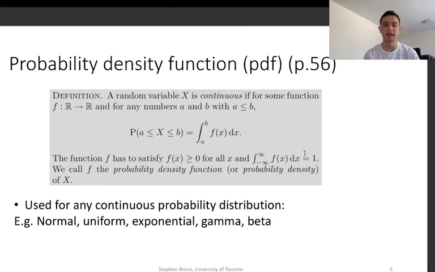The reason is that if you were to add up all those probabilities, you would get a number greater than 1. You get an infinity, actually, because there are infinitely many points. So the probability density function is more a tool used to figure out the probability of a variable being in a certain region.